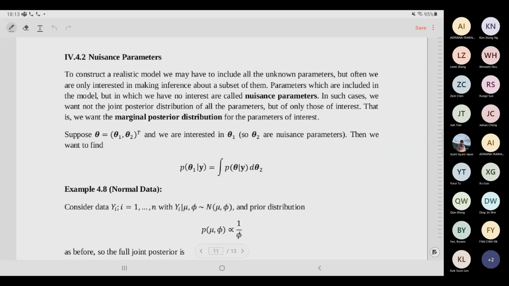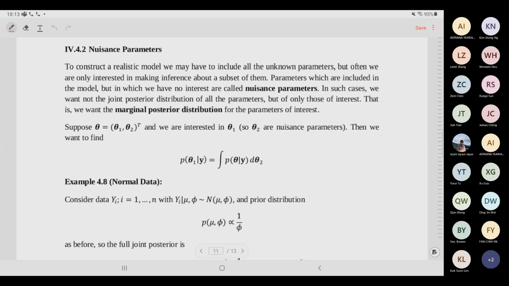Parameters in which we have no interest are sometimes called nuisance parameters, and we want to get rid of them, but because they are not constant, we have to integrate them out, meaning that you have to find the marginal posterior of the parameters of interest. So you have to integrate out the nuisance parameters, right?